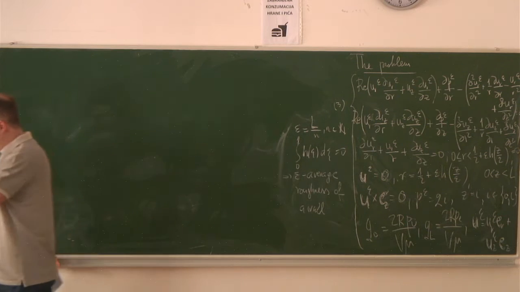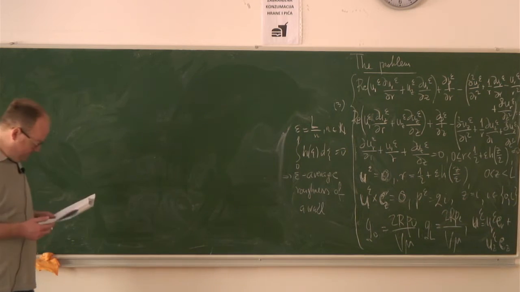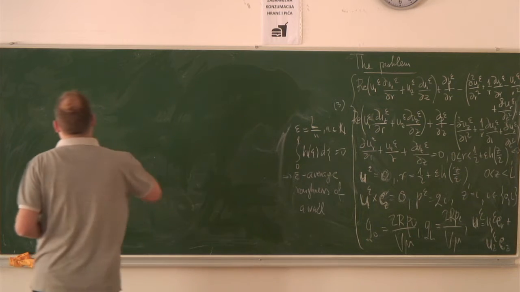The goal is to compute a higher order approximation for the velocity and then use it in the Darcy-Weisbach law that I just erased, in order to obtain analytically the new formula for this friction coefficient. Okay, so the analysis.